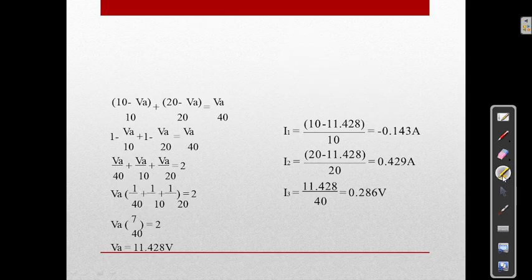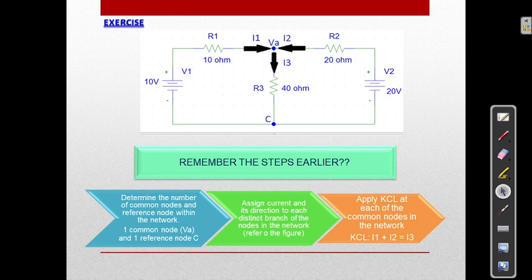If I want to take I1 first, I1 equals V by R, which means V1 by R. Here the resistance is 10 ohms.